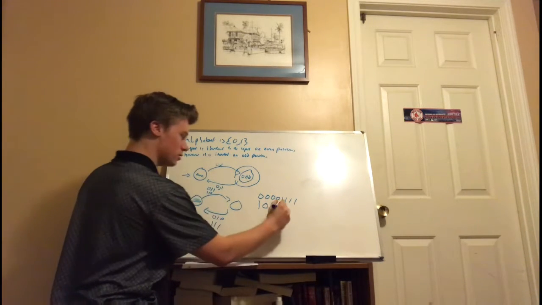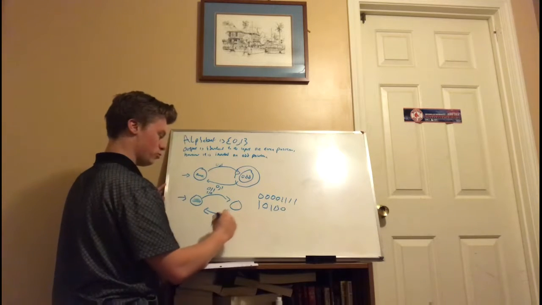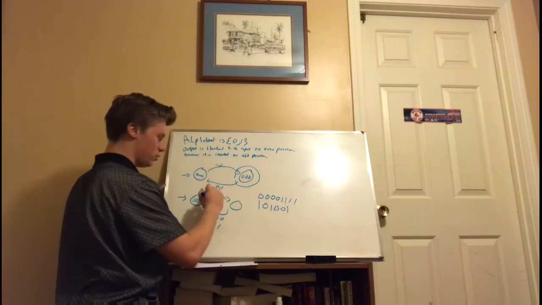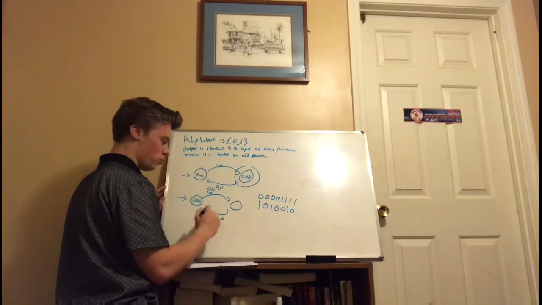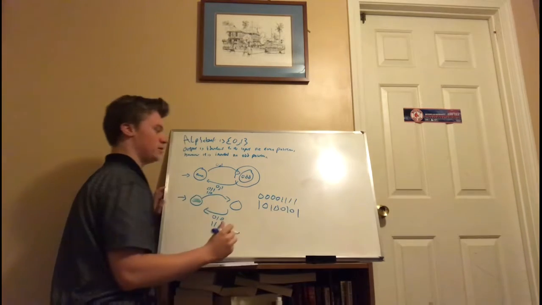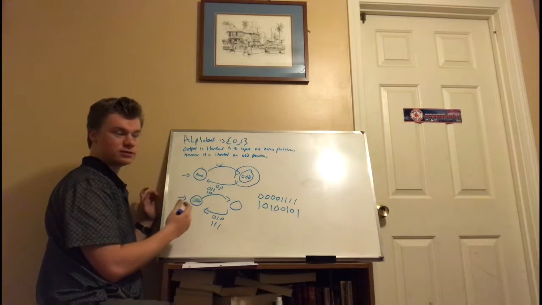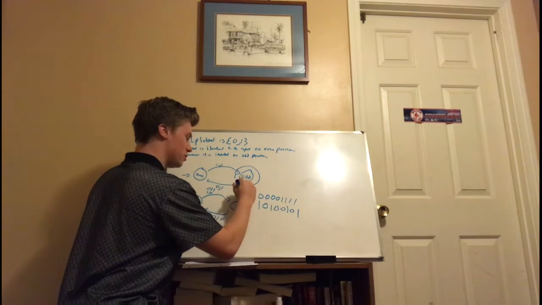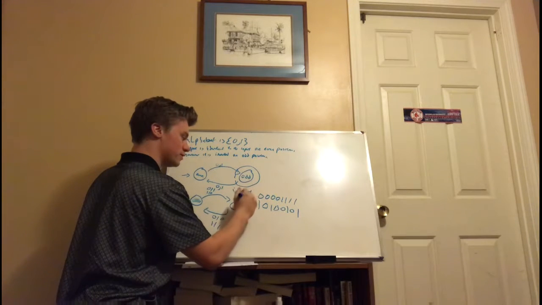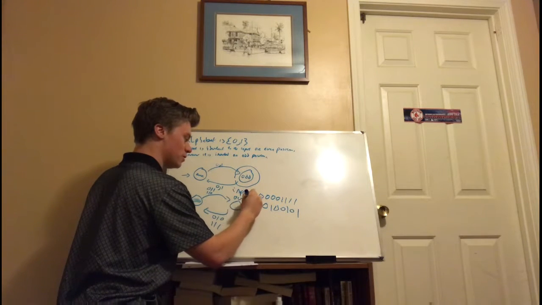We read a 1, output 0. Read a 1, output 1. Read another 1, so it's a 0. Then finally, the last one, we read a 1, so 1. This has no end state, technically. So we took input of this, and the output is this.